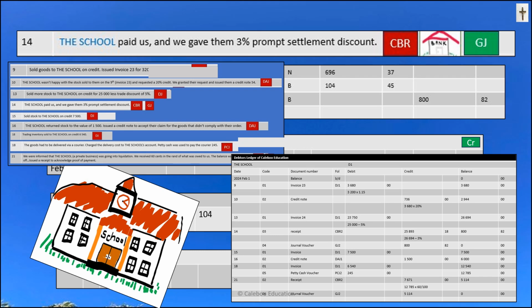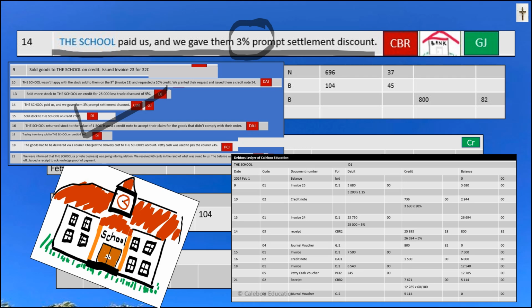On the 14th, we have a transaction that needs to go into the general journal. The school, a debtor of ours, that means we sold to them on credit, they paid us, but we gave them a 3% prompt settlement discount. Now the question is, what is the amount? Now what I have here is I've taken just an extract of all the transactions that related to the school.